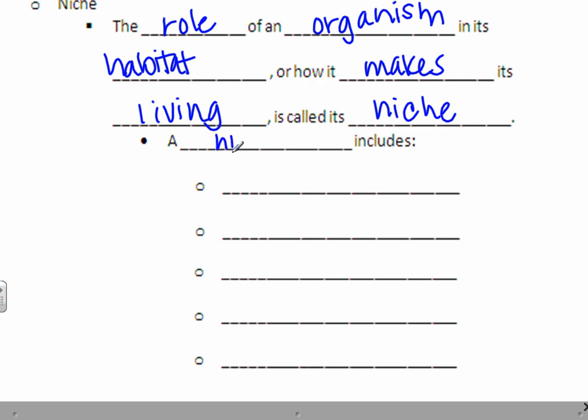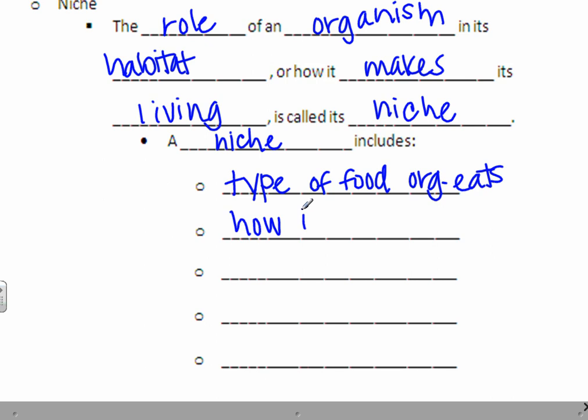And a niche includes these 5 different categories. They could be classified by the type of food the organism eats. It could be classified by how it obtains food.